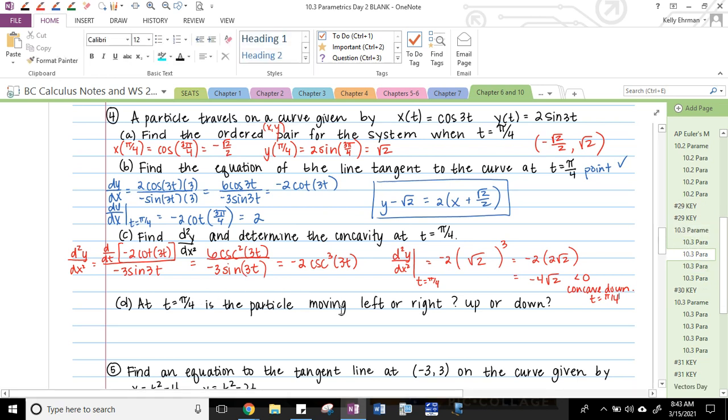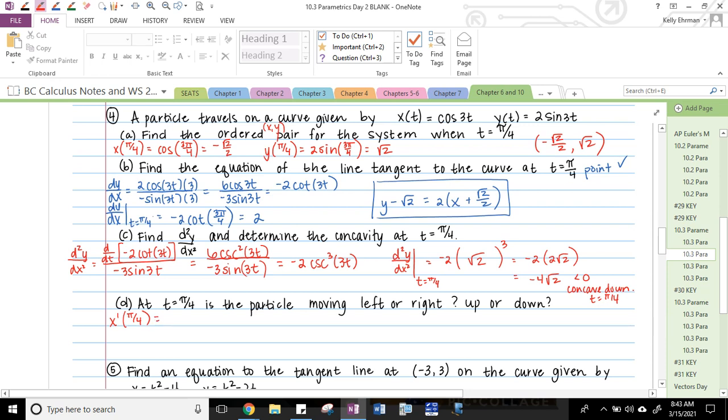At t equals pi over 4, is the particle moving left or right, up or down? So is the particle moving to the left or to the right? We had this back in the beginning of the year. Remember, it was based off of velocity. So left or right is based off of x prime. So what is the value of x prime at pi over 4?